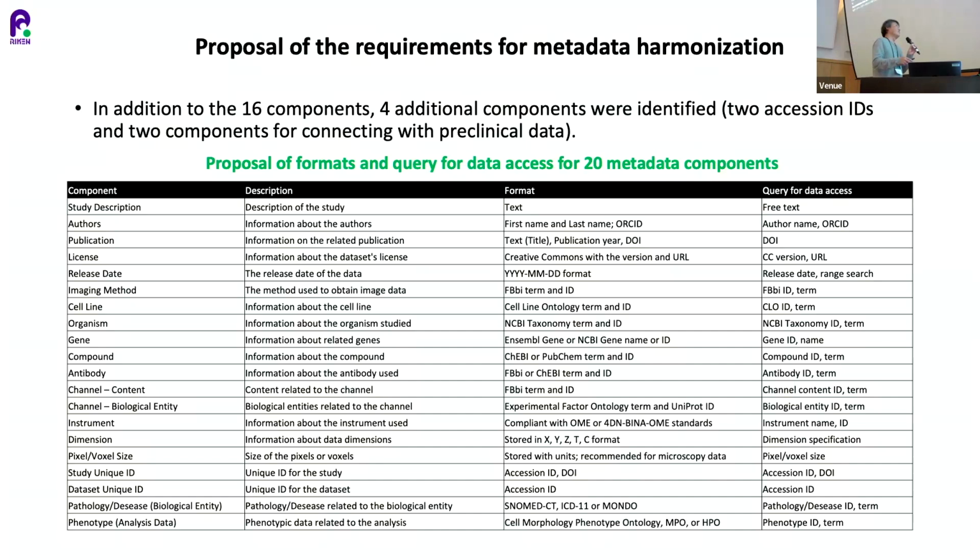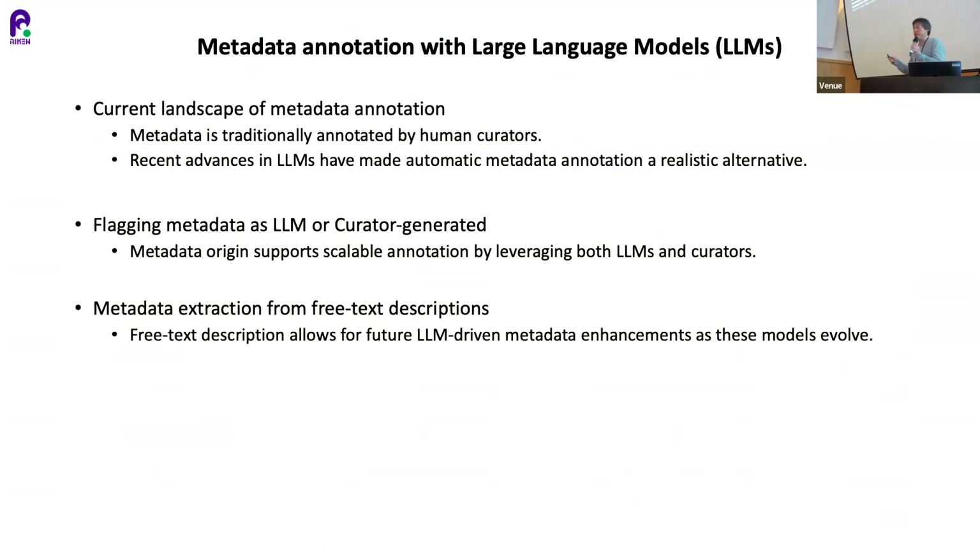So we propose, right now, that these 20 items should be the starting point for harmonizing the metadata between at least the 3 repositories. That is the intermediate result, and we want to discuss it with you in a breakout session.